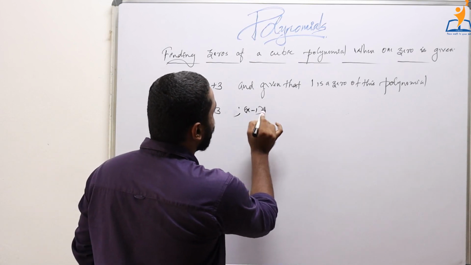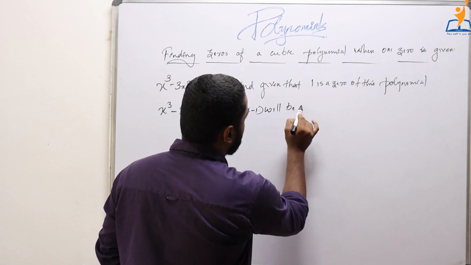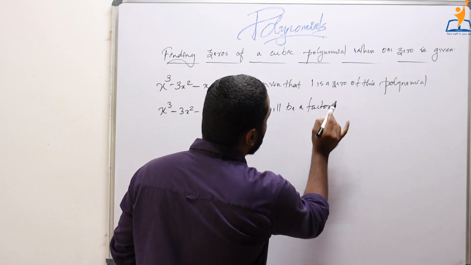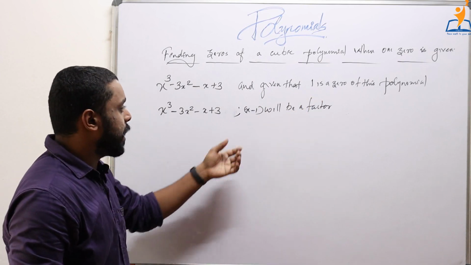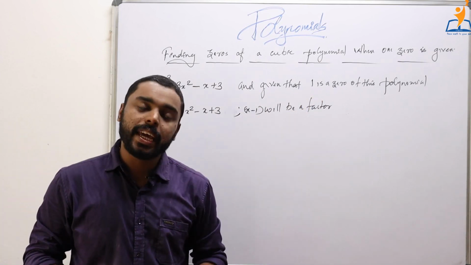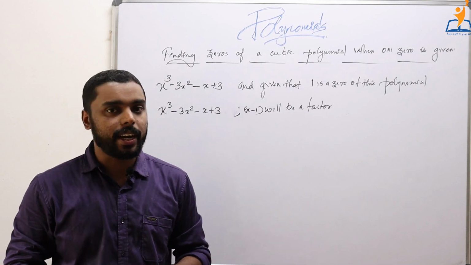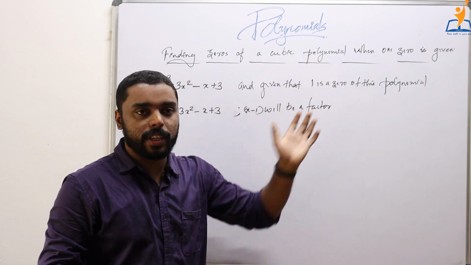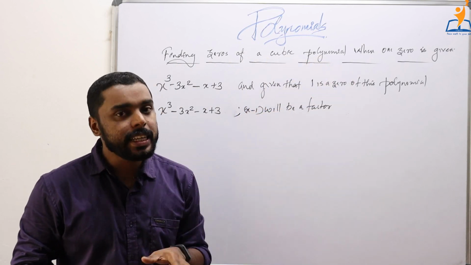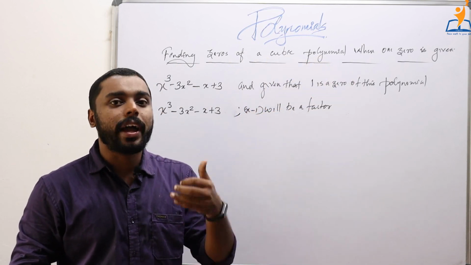Whenever 1 is a zero of a polynomial, clearly x minus 1 must be a factor of the polynomial.